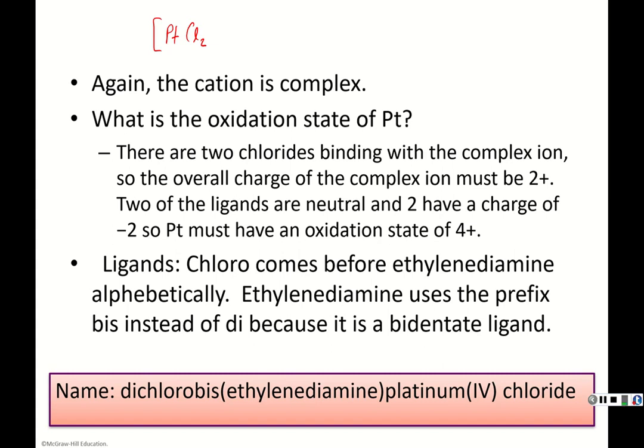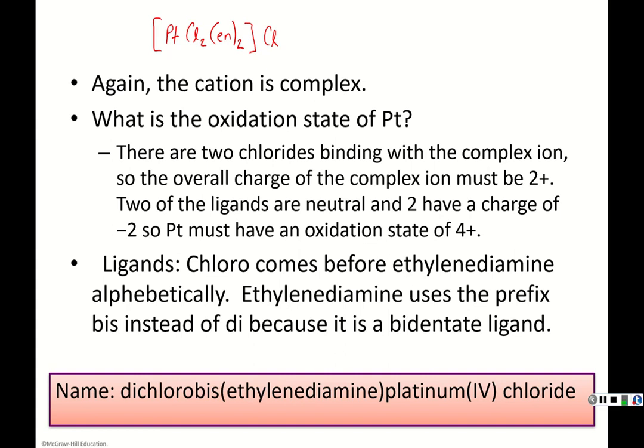Bis ethylenediamine means there are 2 ethylenediamines. Let's think about this.